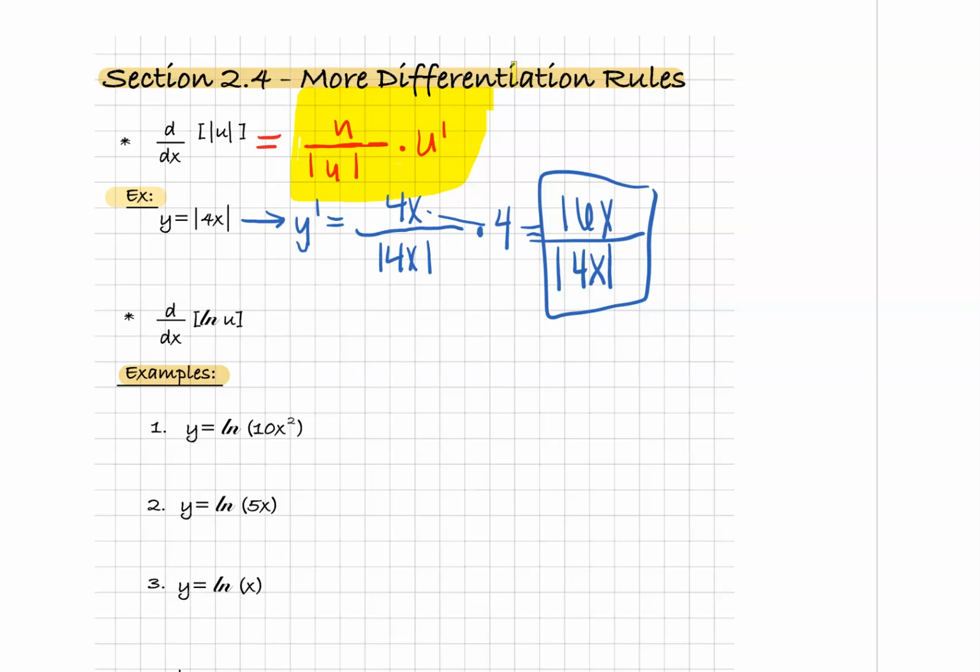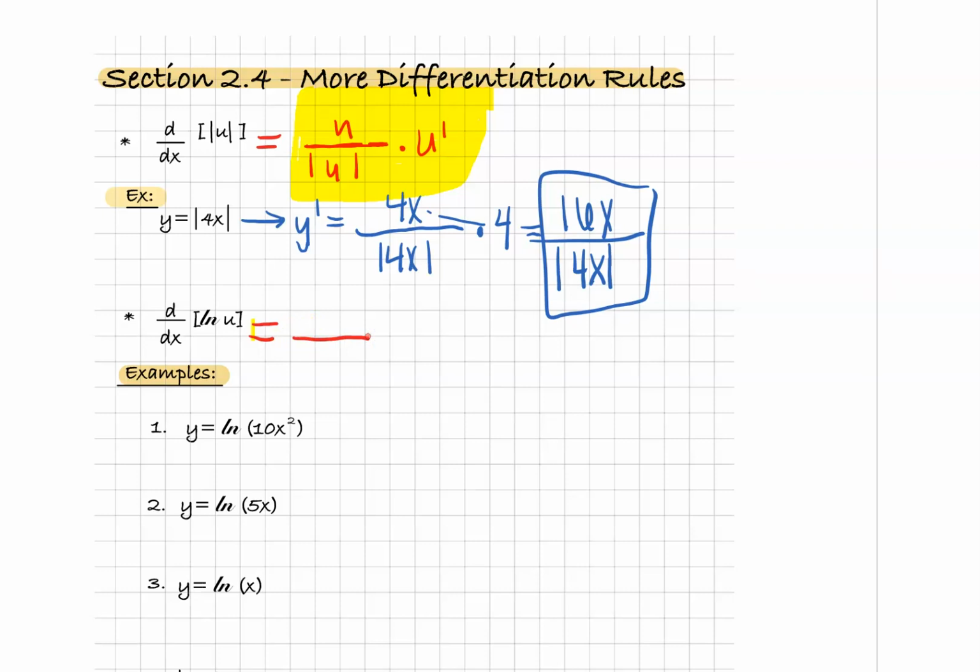Now what we want to do is we want to look at natural logs. We haven't looked at any exponentials or logarithmic equations, and so let's pick up the idea of what is the derivative of a log. The derivative of a log is going to be a matter of formatting it like we did with the absolute value. So you're going to draw your fraction bar.